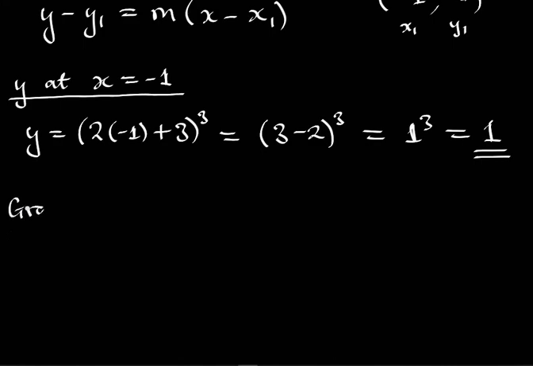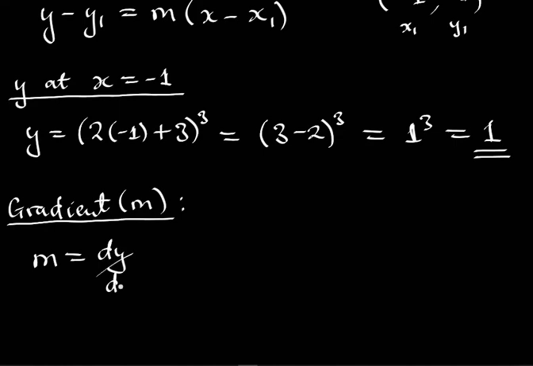So the gradient m is equal to dy dx. That we know. However, before we even find this m, we need to find the expression that this is equal to.